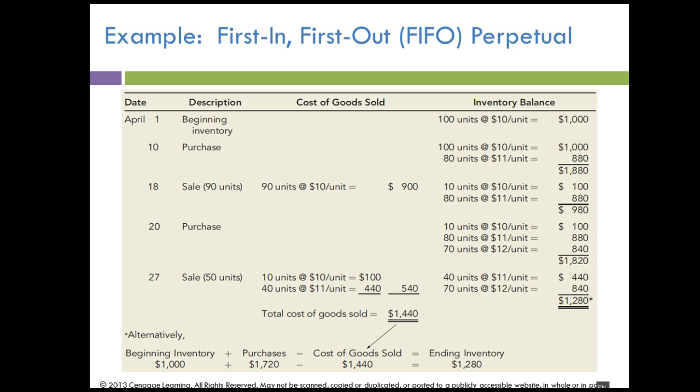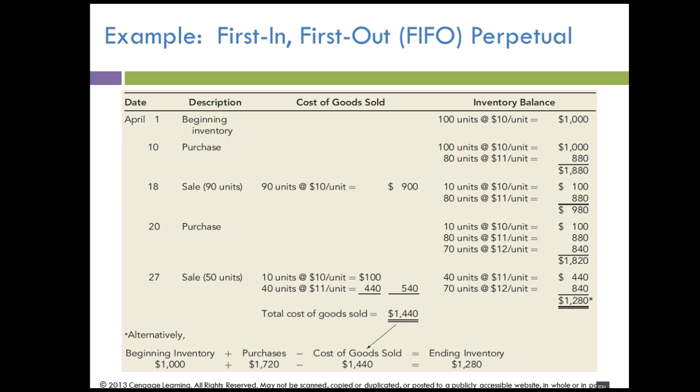So when we deal with FIFO, first in, first out, we see we had a beginning inventory of 100 units at $10 a unit. Then we also had 80 units at $11 a unit. Then on the 18th, we sold 90 units.